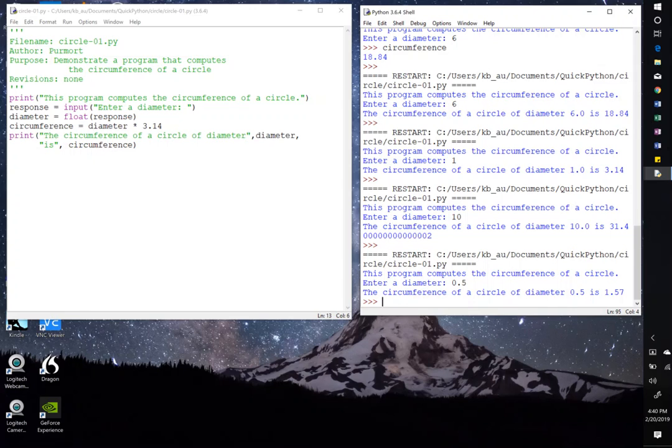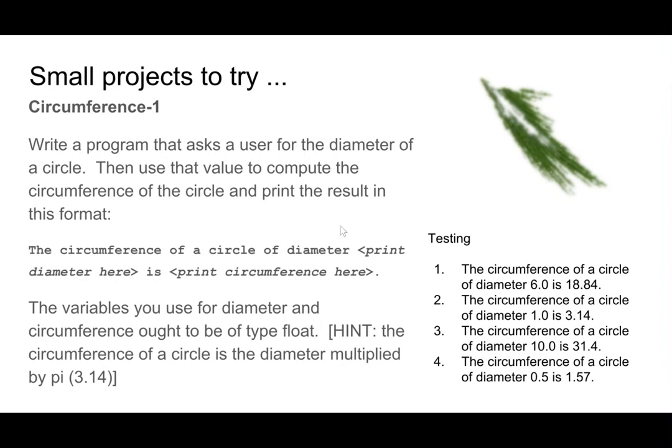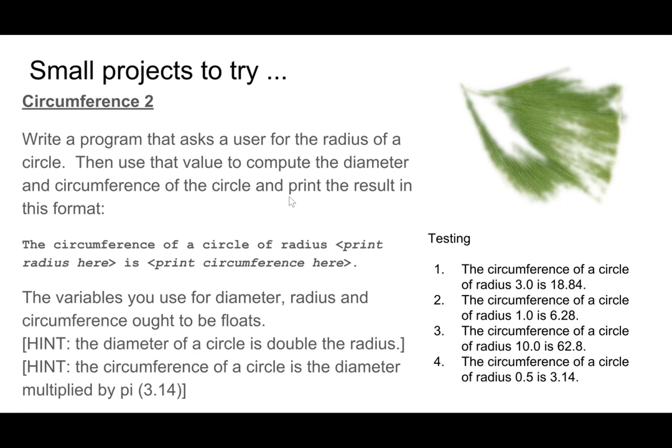So, I've showed you how to go about using your squared program as a template to turn it into another type of program that computes the circumference of a circle. And there are several others I list here. This one also computes the circumference of a circle, but it asks the user for a radius instead of a diameter.